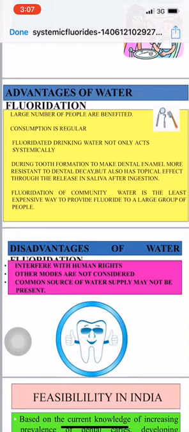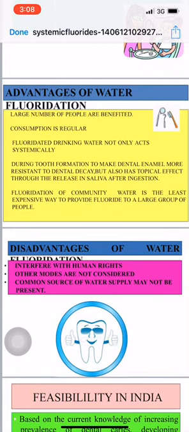Fluoridated drinking water not only acts systemically during tooth formation to make dental enamel more resistant to dental caries, but also has a topical effect through release in the saliva after ingestion.